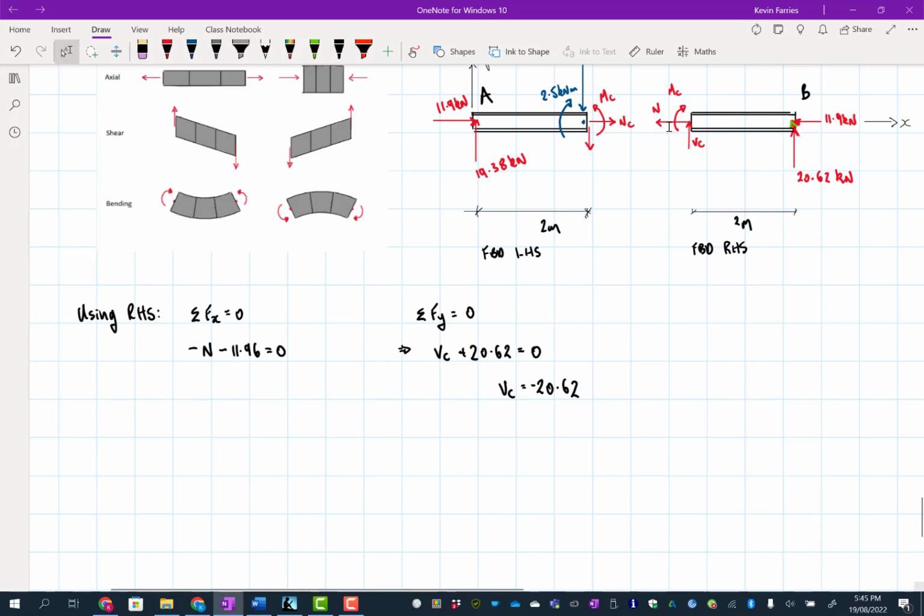Okay, just being careful here. And so I'm on this side, I'm using this one. So we're using normal sign conventions. This is going in the negative direction compared to our axis. So that's negative NC. Lucky I stopped.